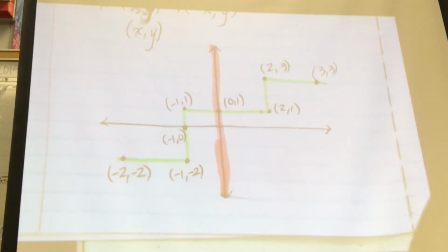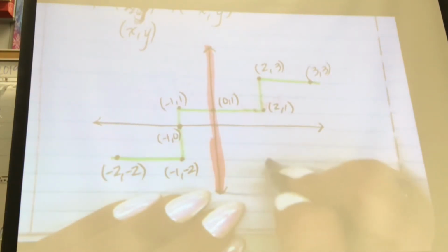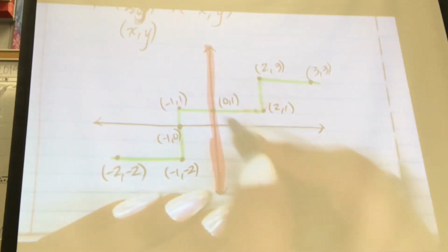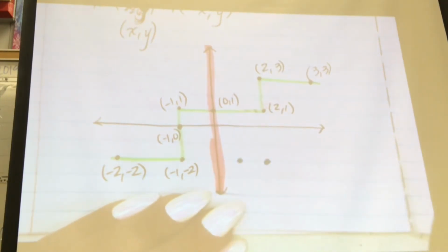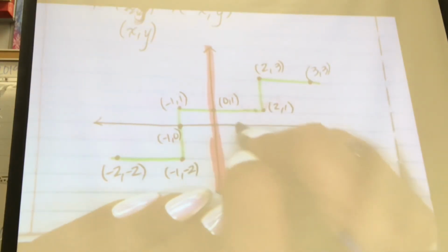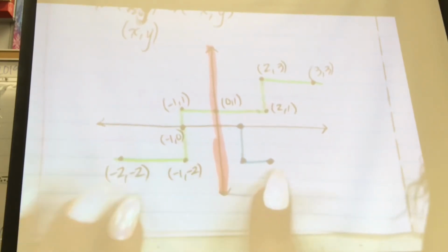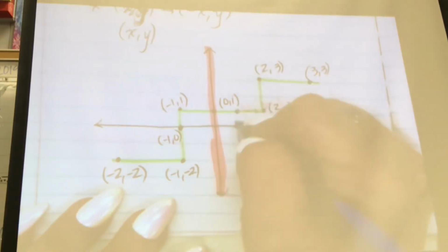Ready? Let's go. The first one is (2, -2). Boom. (1, -2). Boom. Then I got (1, 0). That looks right. Then we got (1, 1). There we go.